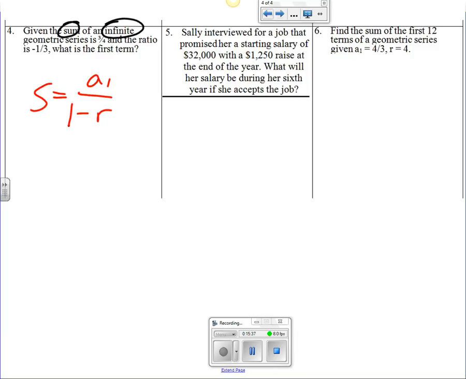Let's see. Jalen, do we know the sum? Yes. What is it? Yep, I'm going to go ahead and put that in parentheses since it's a fraction. Kendra, do we know A1? No. But I do know R, -1/3. Okay, put that in parentheses too. All right, Jacob, how would you get A1 by itself?